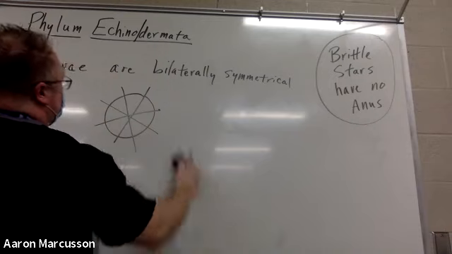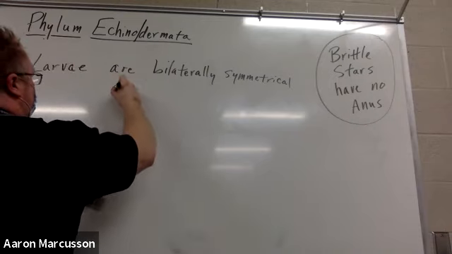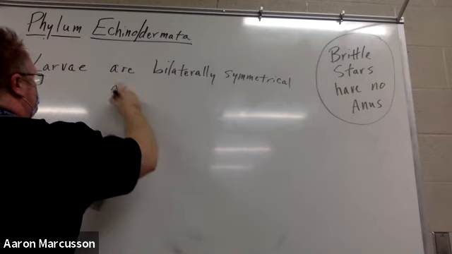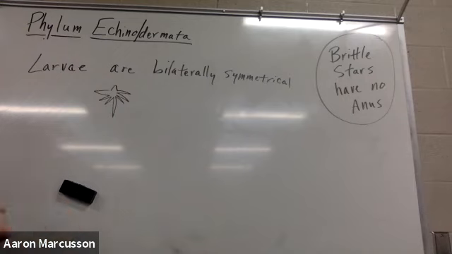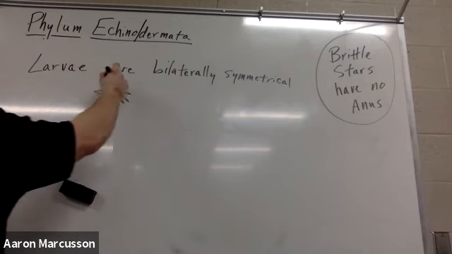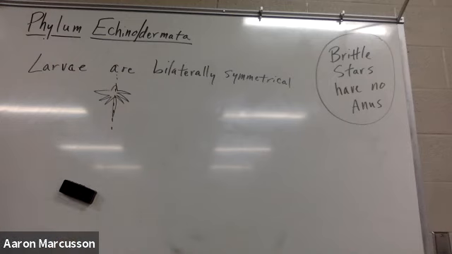These guys are bilaterally symmetrical. They're actually shaped really kind of odd, okay? Could I cut this in half, right down the middle, and have two sides that are pretty even, assuming that I drew these evenly? Yeah, I know it's ugly. That's not going to be even, but sure.